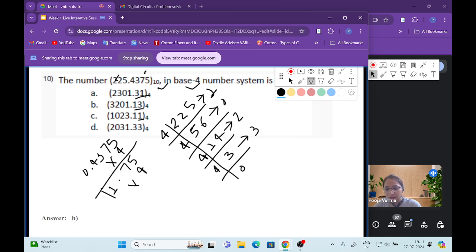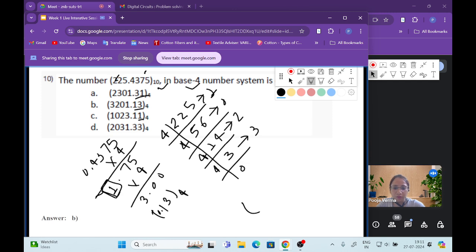After that, the 1 is taken for the representation, discard it and then multiply by 4 again. So you will get 3.00, right? So what is the base 4 representation for 0.4375? It is 1, 3.